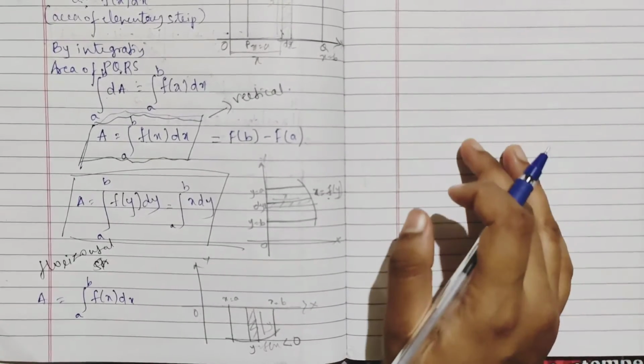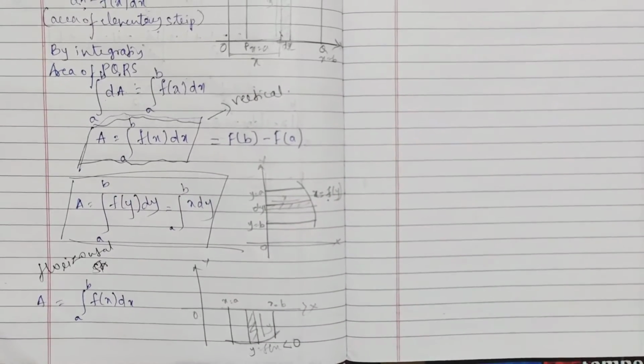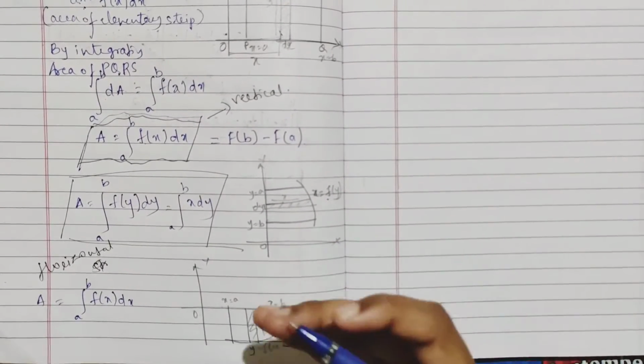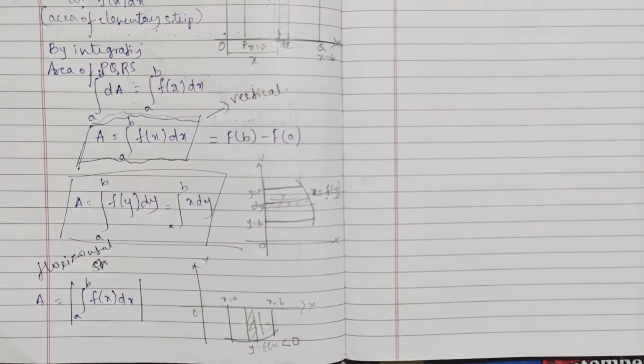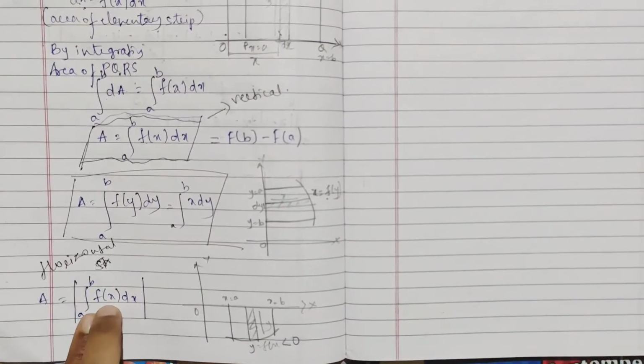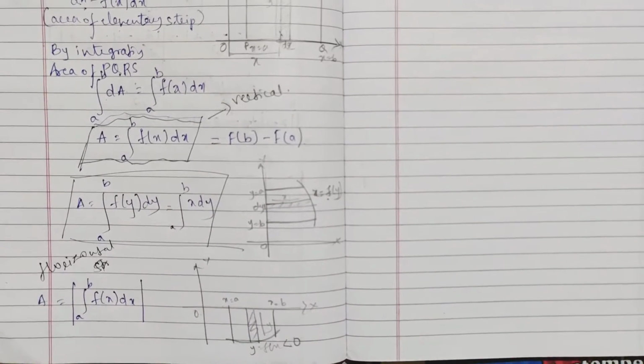Do you say it like this? No, right? Because area can never be negative. So whenever your limit sum comes out negative, you apply the modulus, because as I have told you, if you take the modulus of a negative, it comes out positive. We apply the modulus.